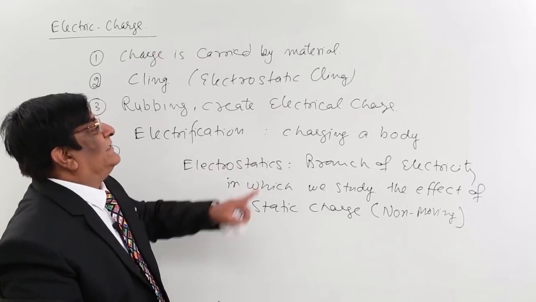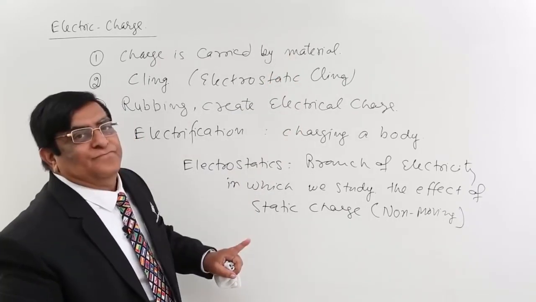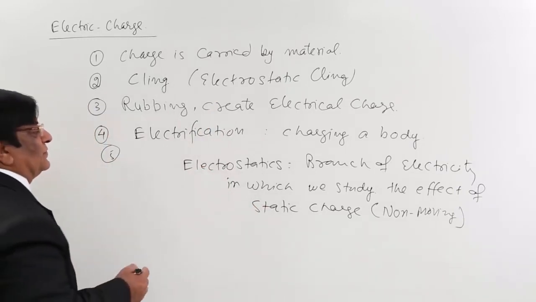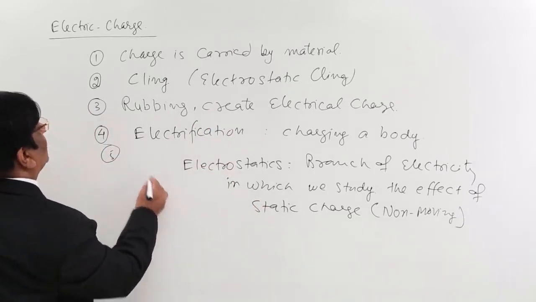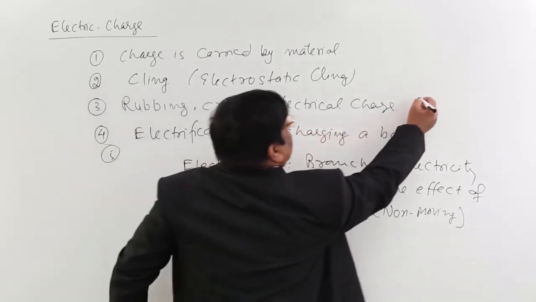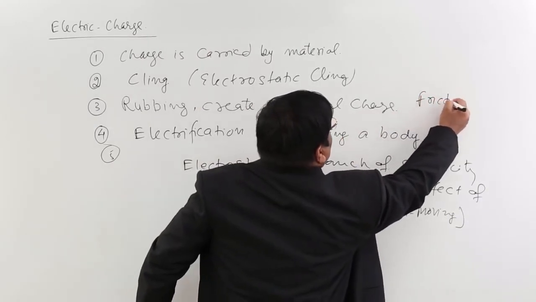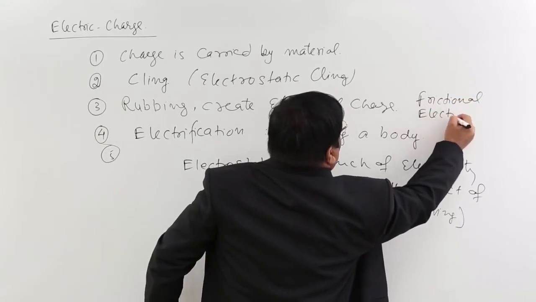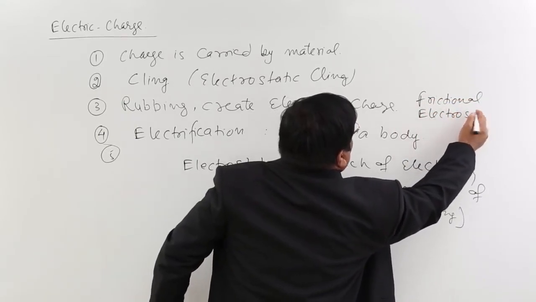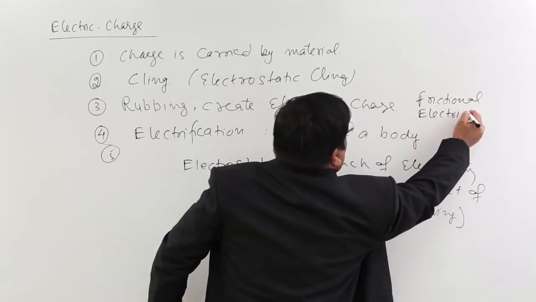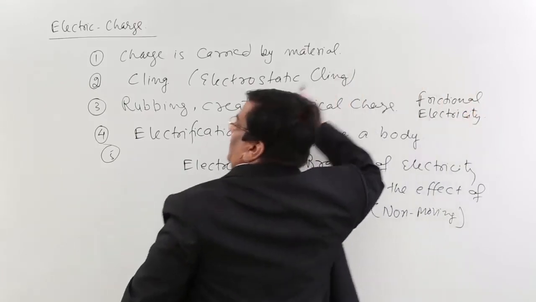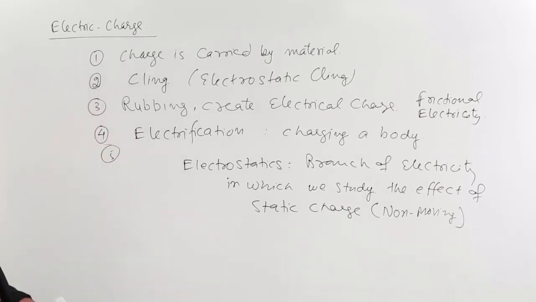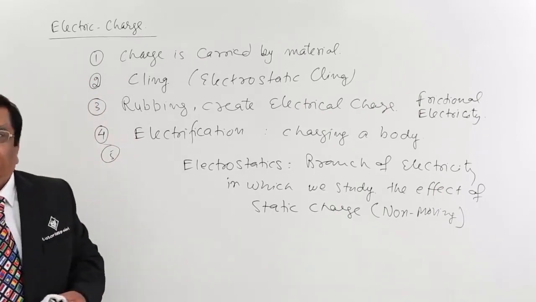That particle will carry electric charge. So friction has to be there, and because this electrification is due to friction, we also call it frictional electricity. So electrostatics is also sometimes referred to as frictional electricity. Okay, then these are certain features of the electricity.